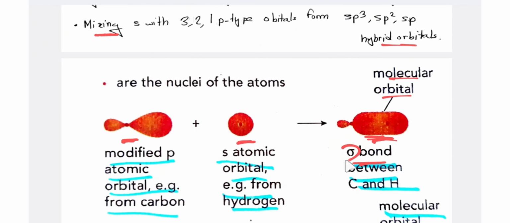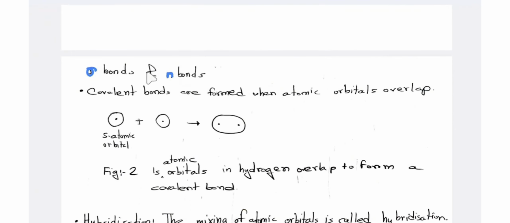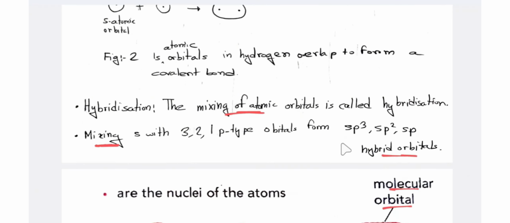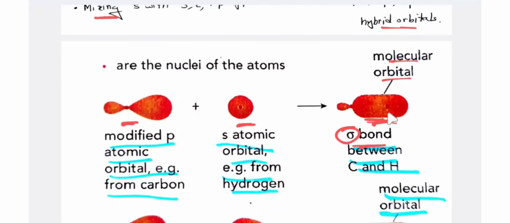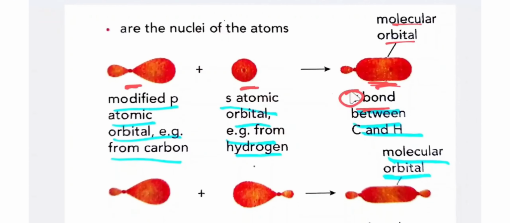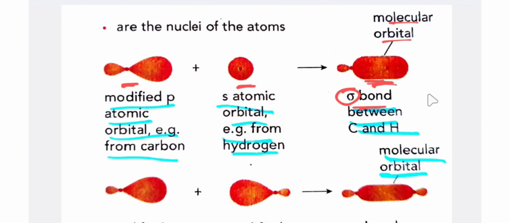So why do we call this a sigma bond instead of a pi bond? Because sigma bonds are head-on overlap. We will discuss what head-on overlap is, but the p orbital overlaps with the s orbital to form this orbital.